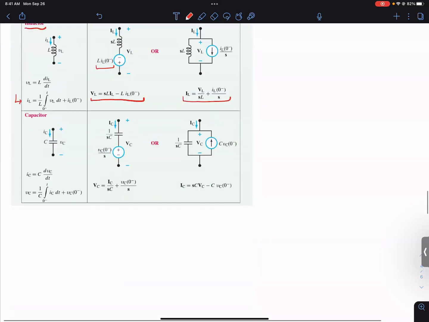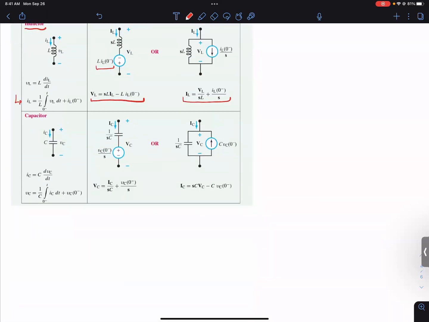For the capacitor, same thing. It would be I_C over SC, or there would be a current source in parallel with it.